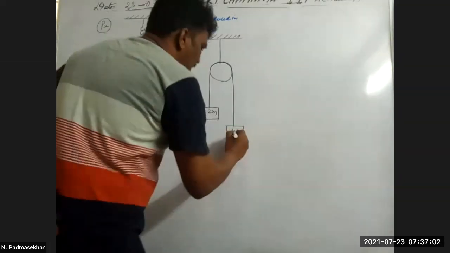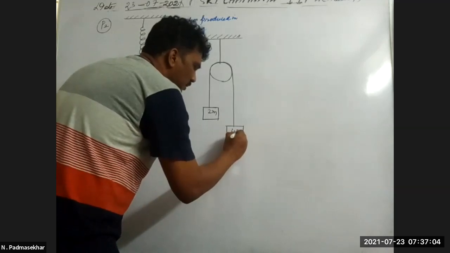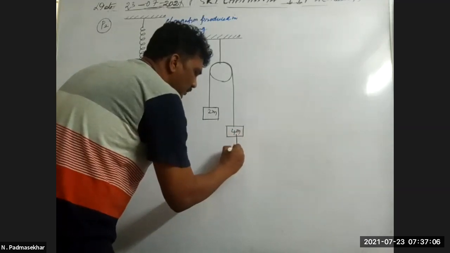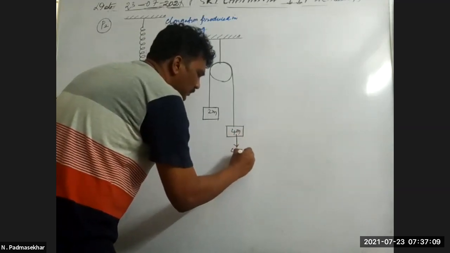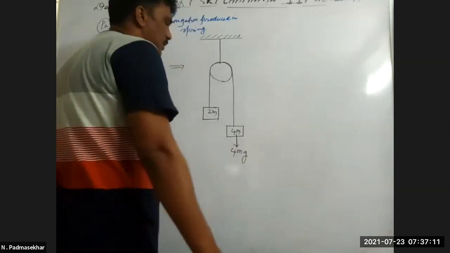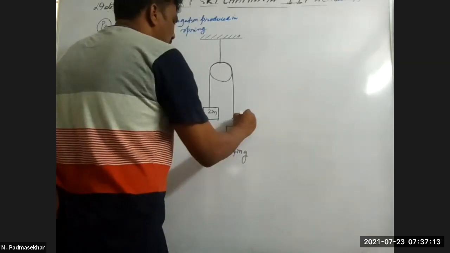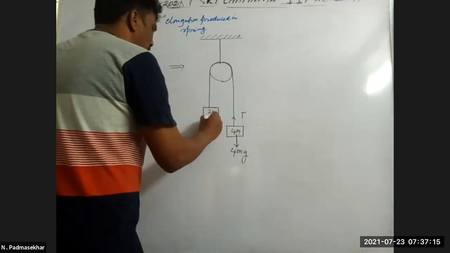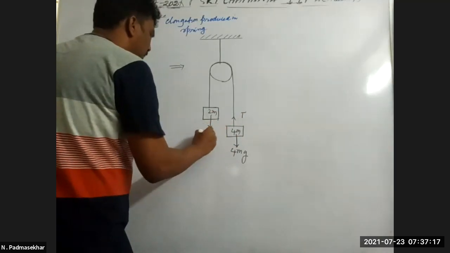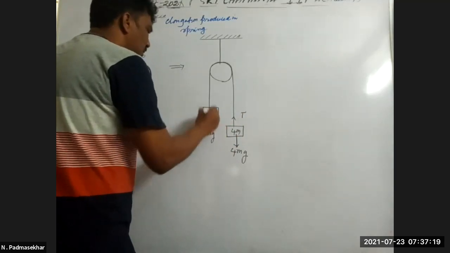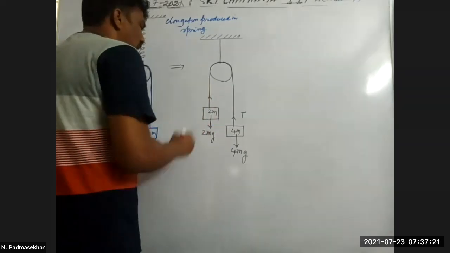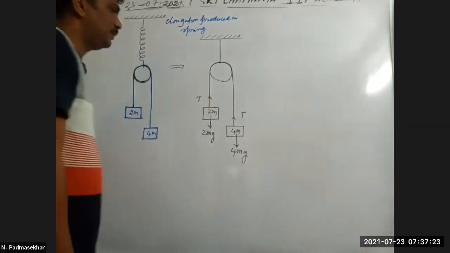So here under equilibrium, 4mg is down, and there is a tension, and here 2mg is down, and there is a tension.